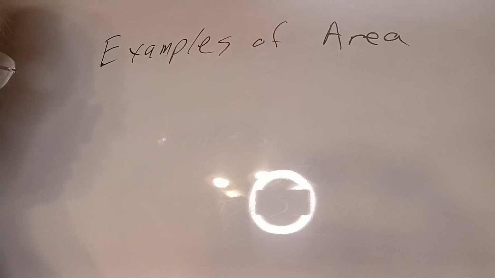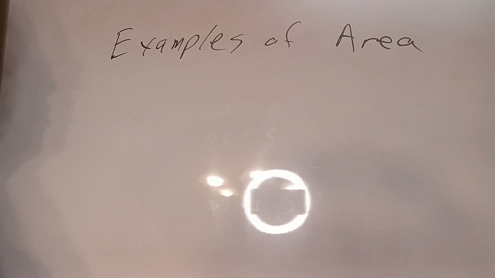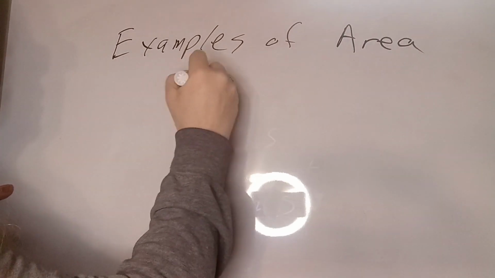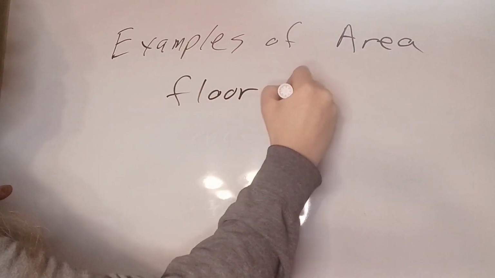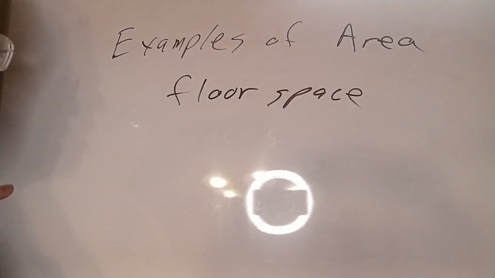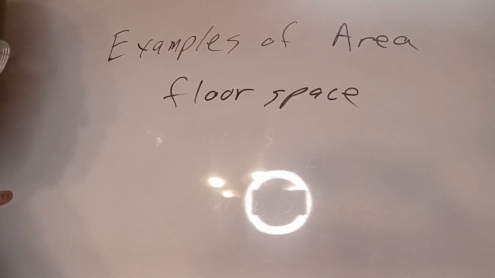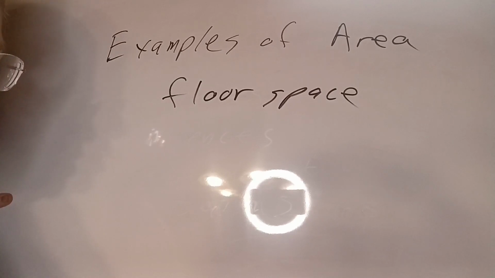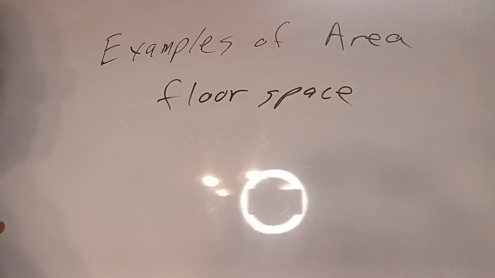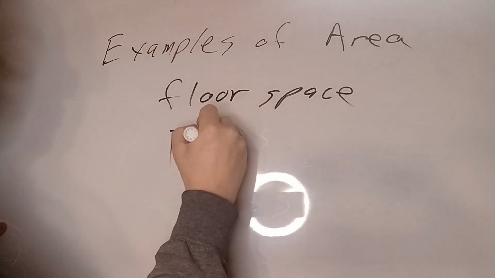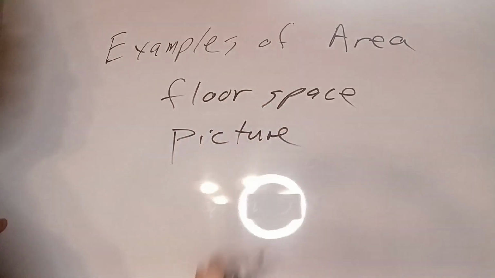So now let's look at some examples of area. Okay, floor space is an area. Looking at a house, it's got so many square feet. You're buying carpet. Square feet. A picture has an area.